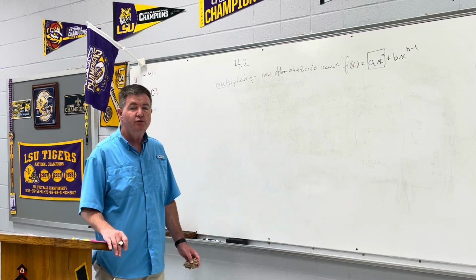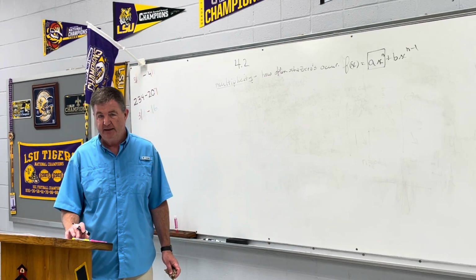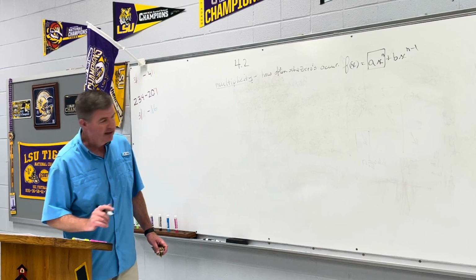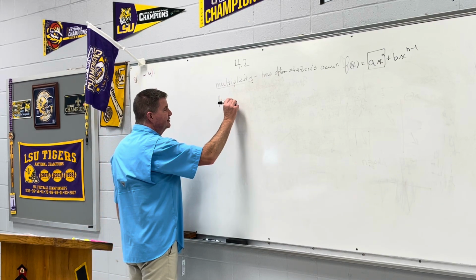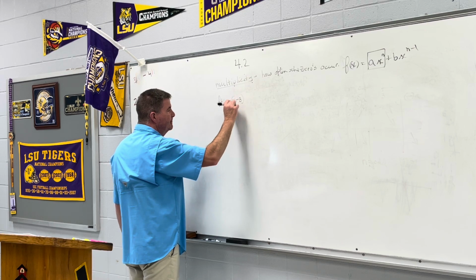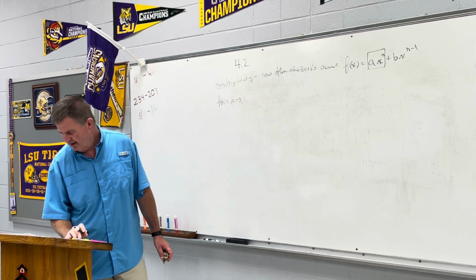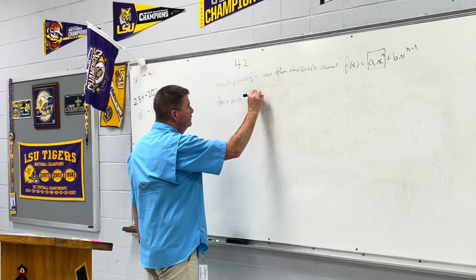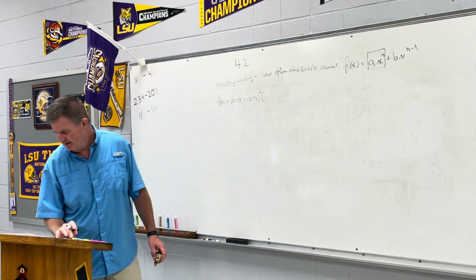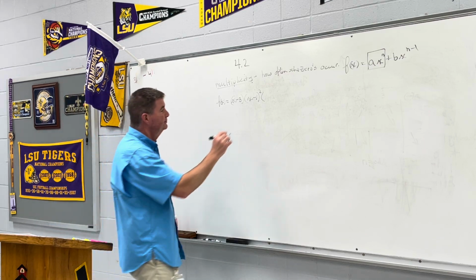Most of the functions will be factored for us already, which is good. Suppose I have f of x is equal to x minus 3 times x minus 1 squared times x plus 2.